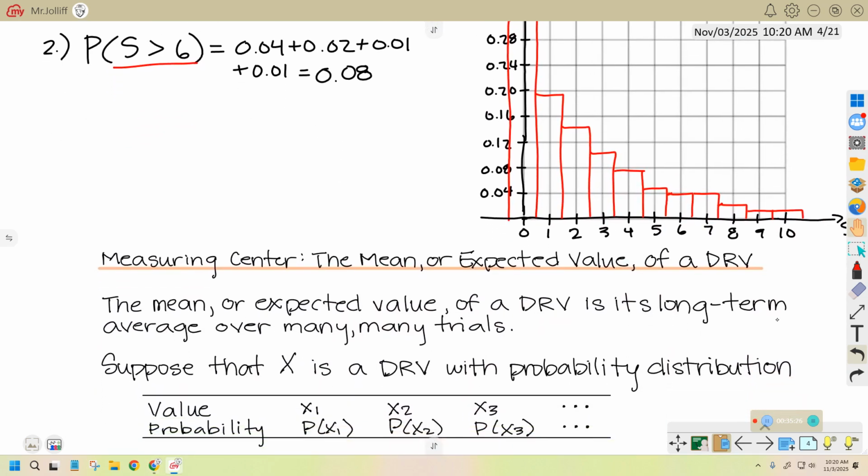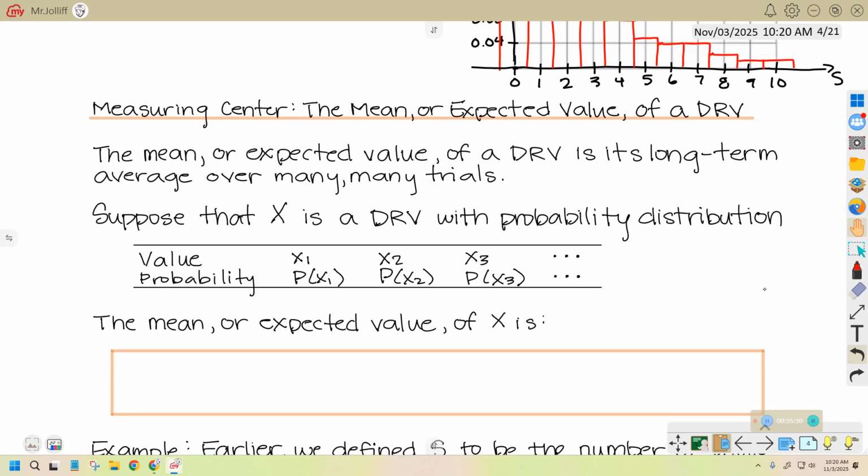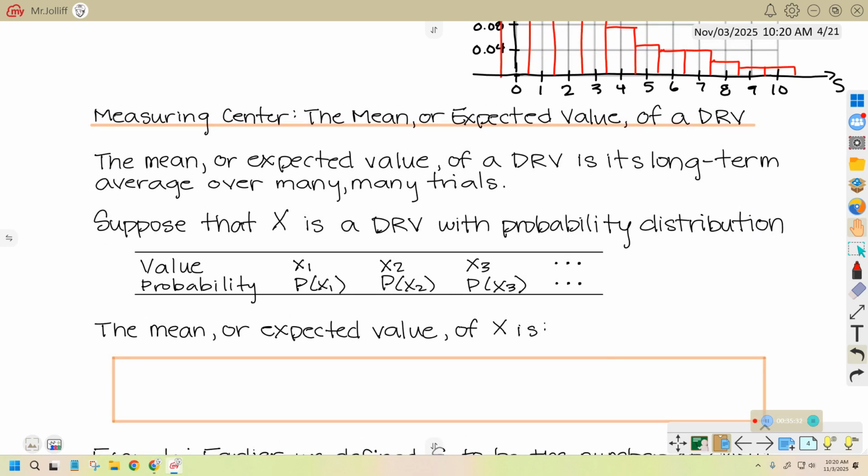And we know that the default measure of center is the mean of a distribution. The mean is the default. And when we talk about probability distributions, more often than not, they're not going to call it the mean. They're going to call it the expected value. So when we are talking about probability distributions, expected value just means the mean.